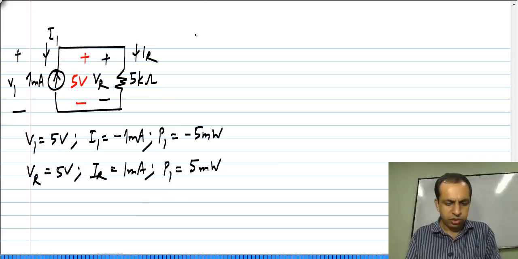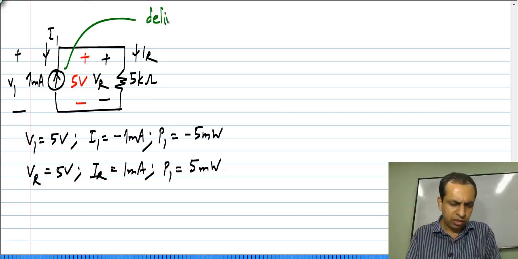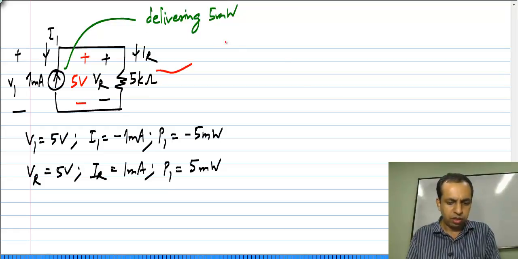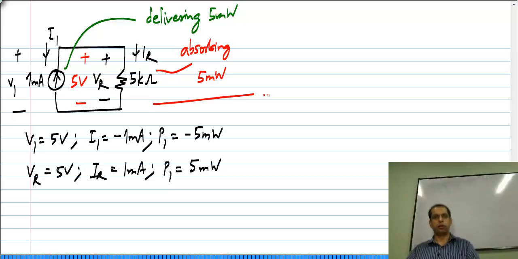So, the current source in this case is delivering 5 milliwatts or absorbing minus 5 milliwatts, and the resistor is absorbing 5 milliwatts. Okay.